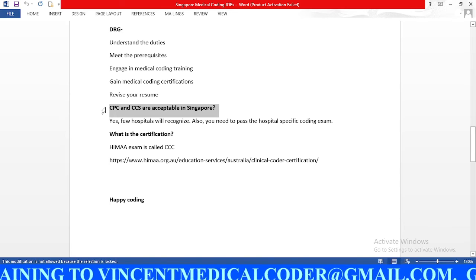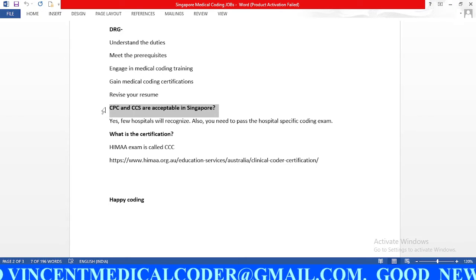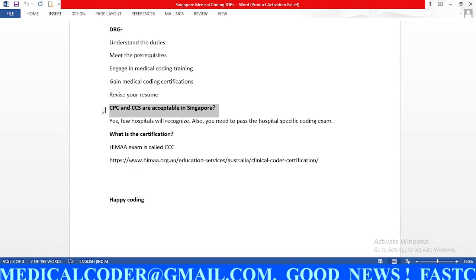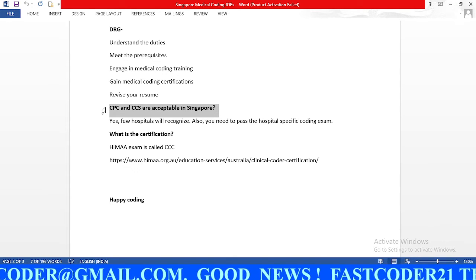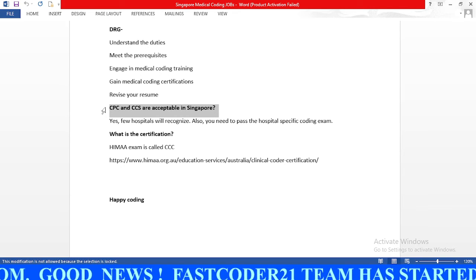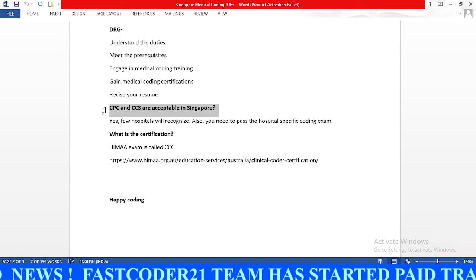In Singapore, there is huge demand for medical coders. For example, if you have 6 to 7 years experience, you have more value compared to the people with less experience. Basically, in order to find a medical coding job in Singapore, you need to know mostly CPT.